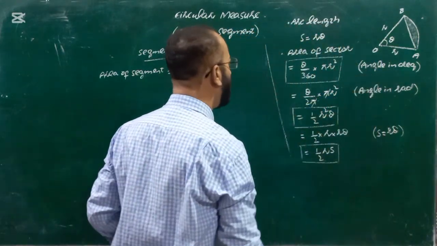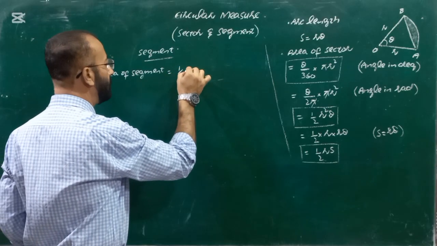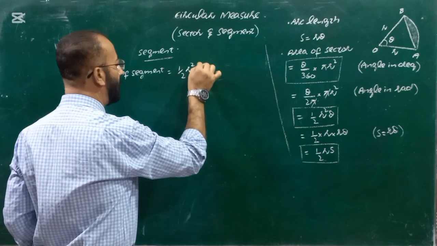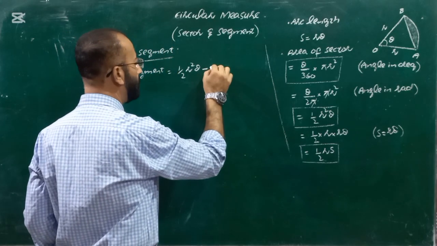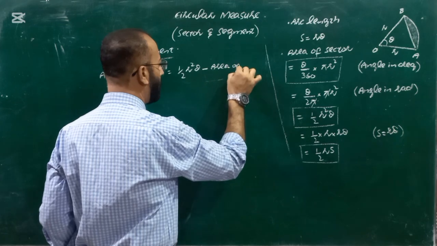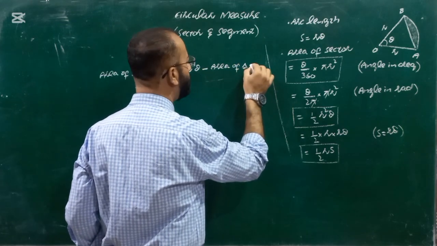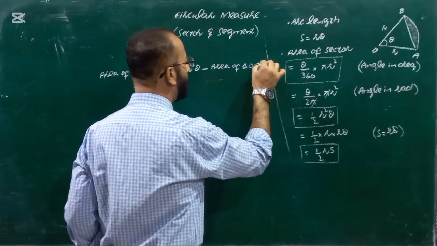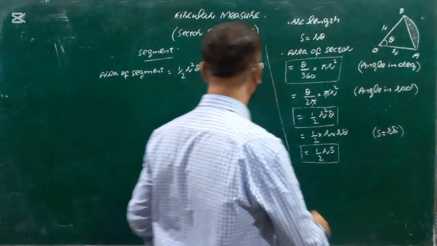So it means the area of sector, that is 1 by 2 r square theta, minus area of triangle OAB. So look now from here, the triangle OAB.